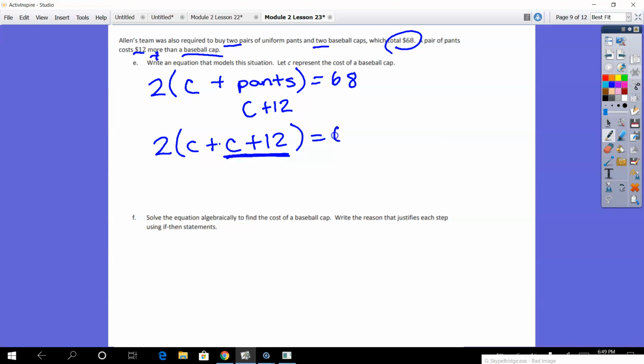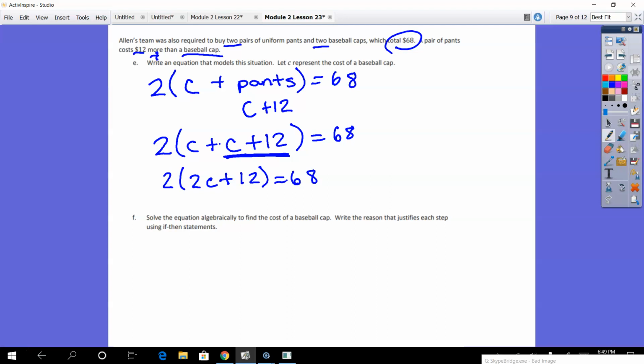And then that is equal to 68. Okay, so then we could say 2 times, there are 2 C's, plus 12 is equal to 68 as our equation.